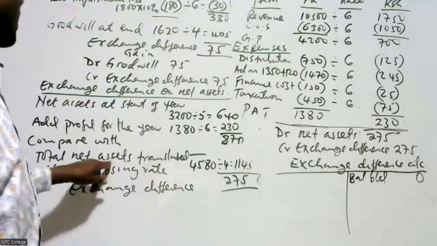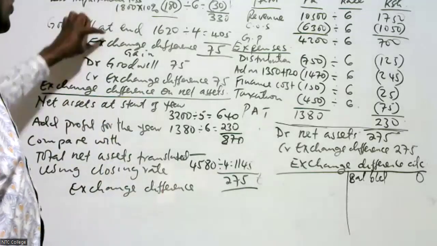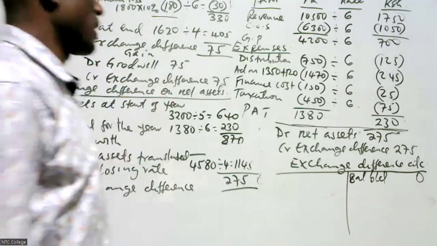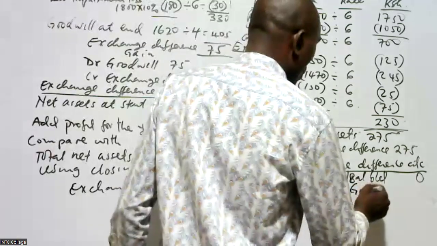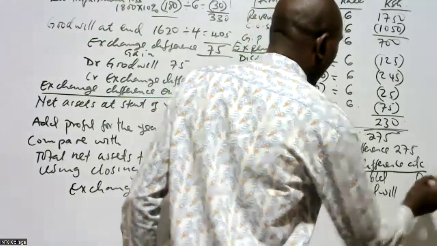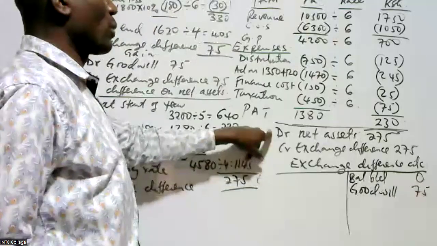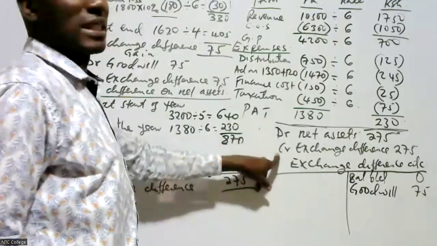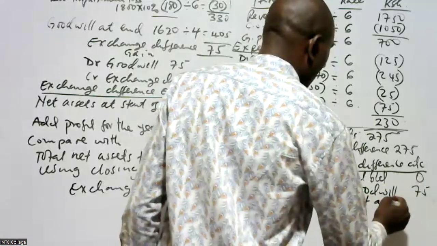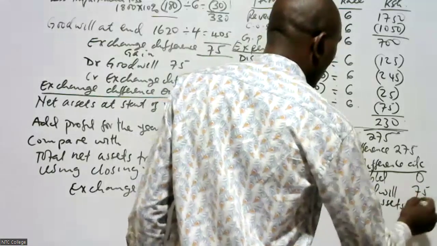Then on goodwill, you debit goodwill, you credit exchange difference. Thereby say here goodwill, which is 75. And on net assets, you debit net assets, you credit exchange difference. Thereby say here net assets, it is 275.